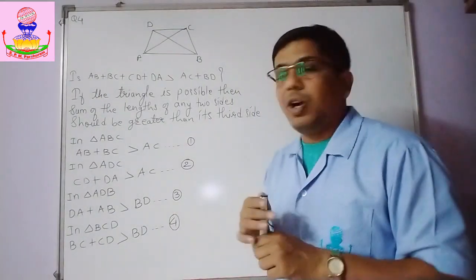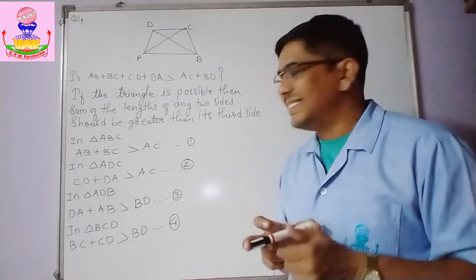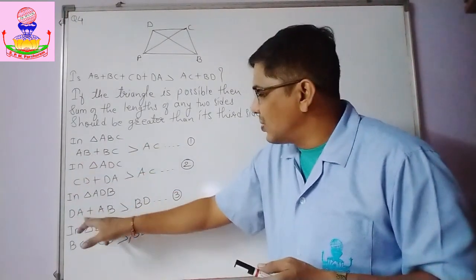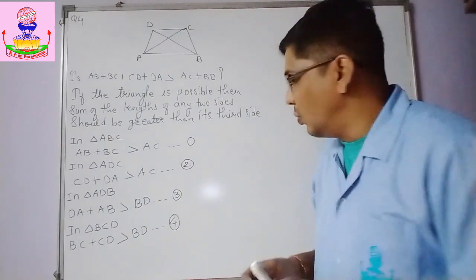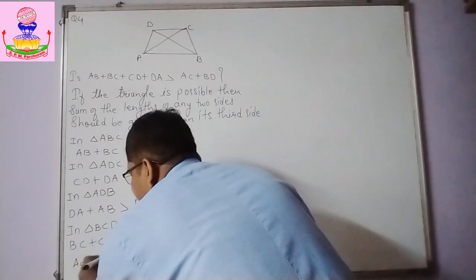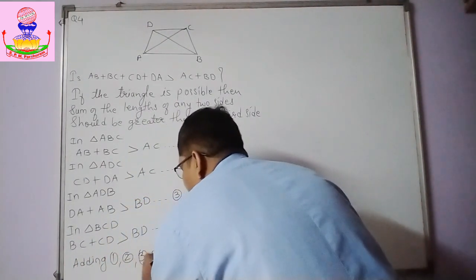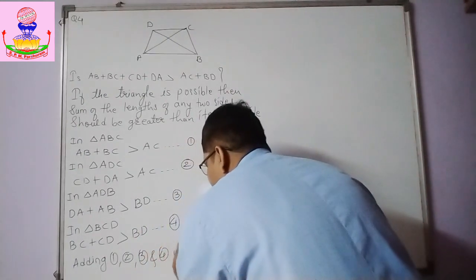Now, what we want? AB plus BC plus CD plus AD, right? So, add all of these together. Add 1 to 4. So, adding 1, 2, 3 and 4, what do we get?